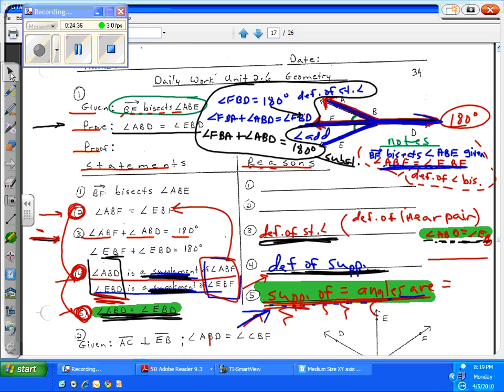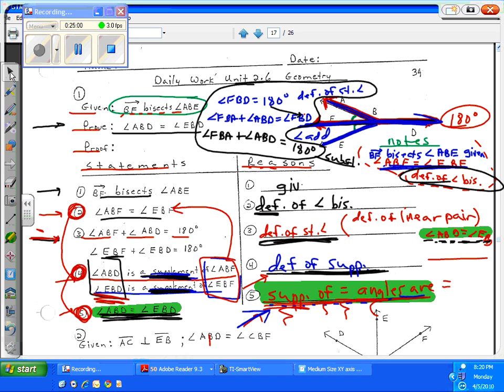And so there has to be a statement up here that says that those two angles are equal, or we can't reach that last conclusion. See, that last reason still needed that statement. And we can justify that statement with the reason definition of an angle bisector, which we've already taken care of in our note section over there.